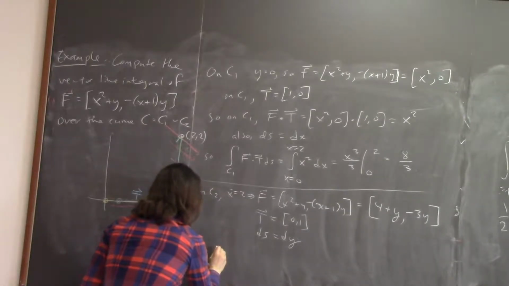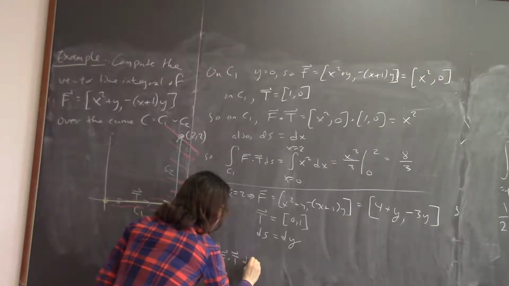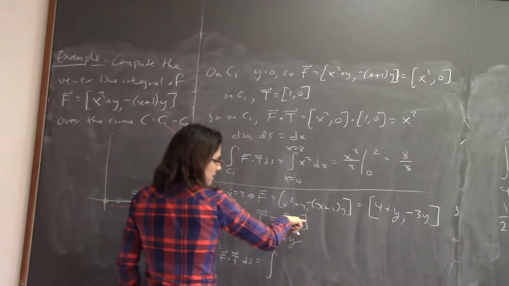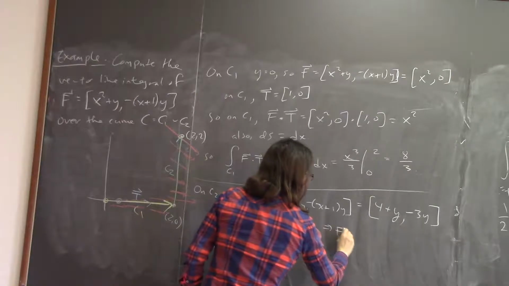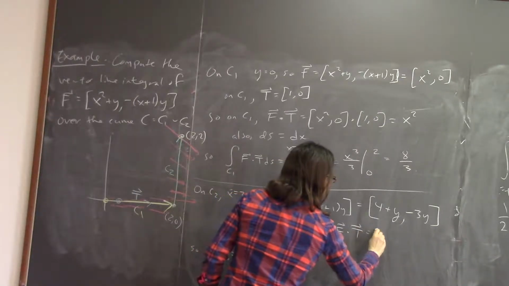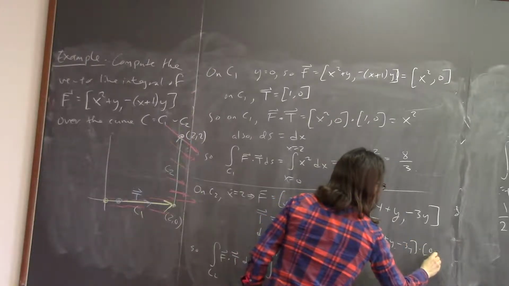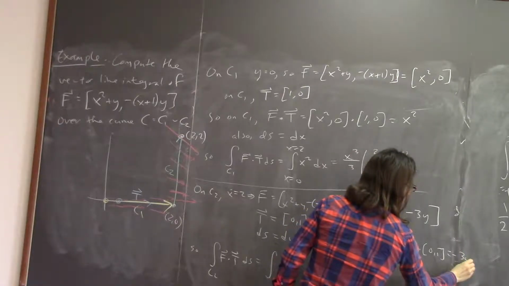So the line integral over C2 of f dot t ds is the integral of f dot t. f dot t is 4 plus y, negative 3y dot 0, 1, which is 0 minus 3y, so negative 3y.